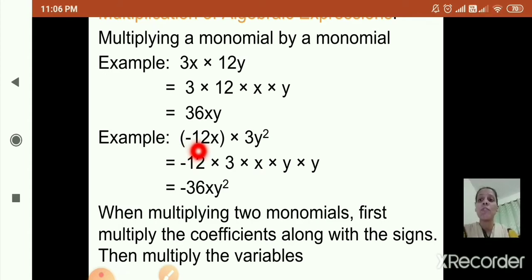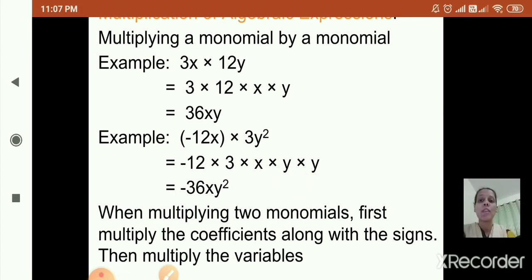The sign for 12 is minus. So minus 12 multiplied by 3. Now we will multiply the variables. x is the variable and here y square. So x multiplied by y into y. Y square means y multiplied by y, so we write y two times.